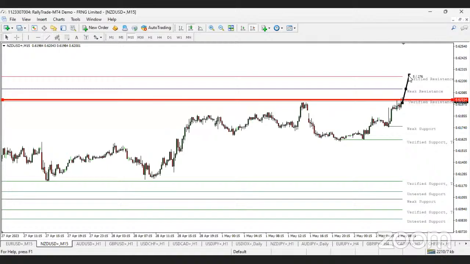So we expect a breakout. Once we see a breakout from this resistance, enter a buy. Or you can also wait for a breakout and a retest to enter a buy on NZD USD.